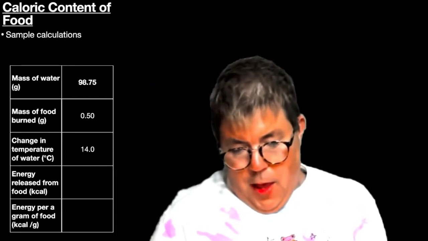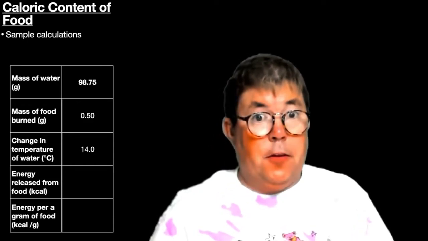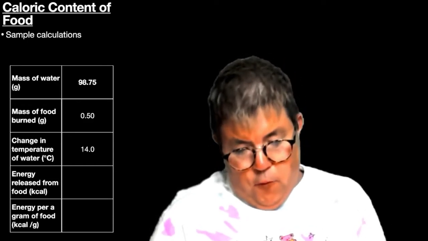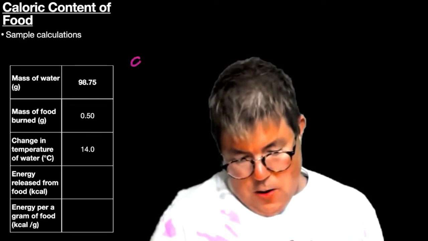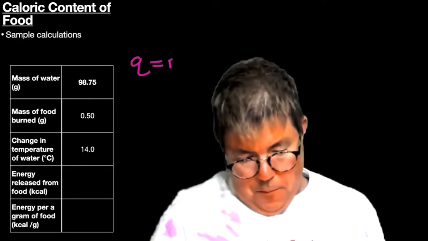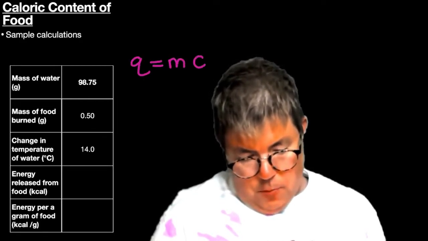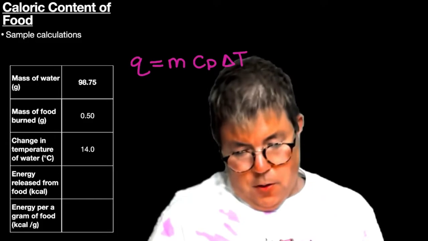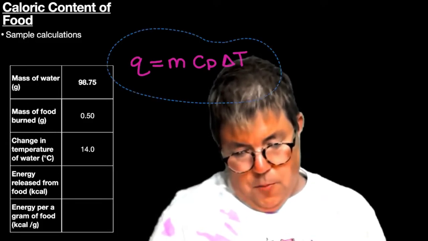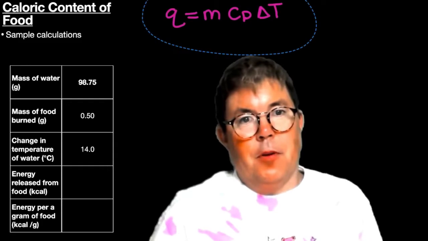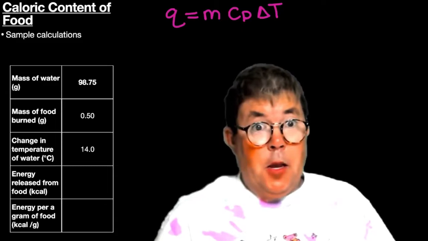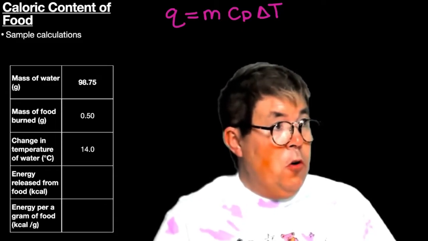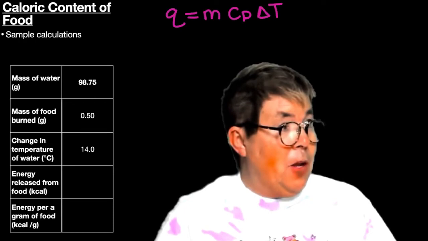So let's look at the formula for specific heat. The formula for specific heat: heat Q is equal to mass times specific heat times our change in temperature. I will move this formula up to the top and leave that there. In this experiment, we are measuring a weight of water and a temperature change of water.